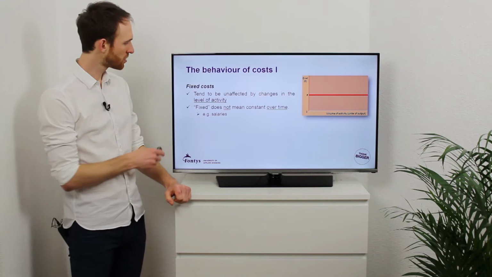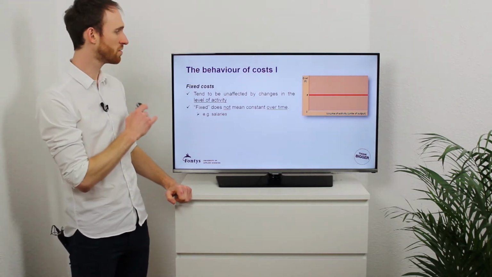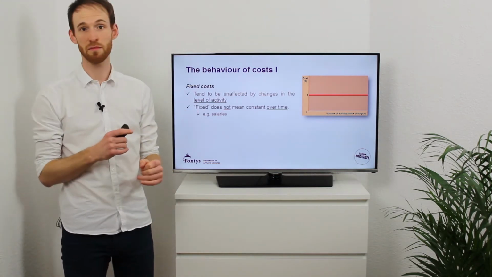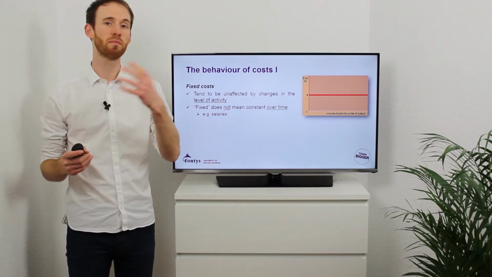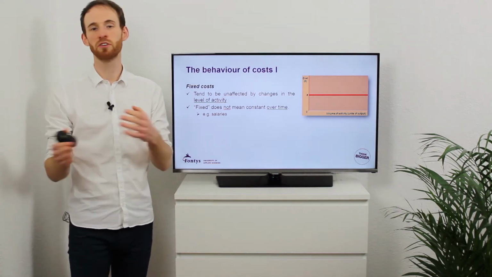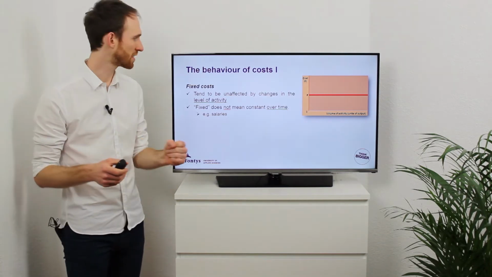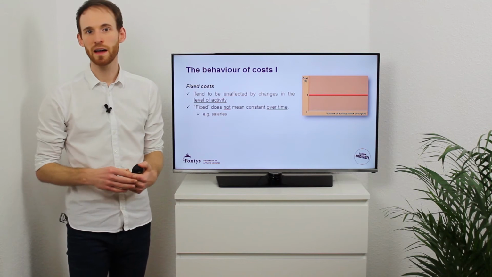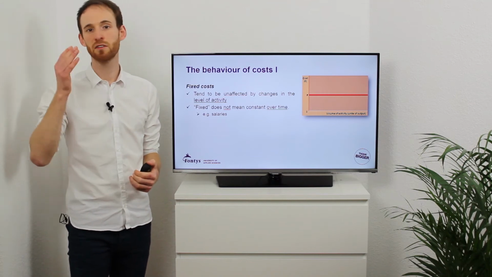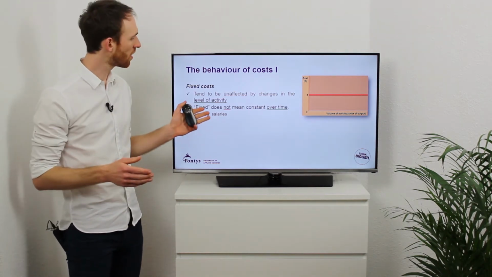line. Fixed does not mean that it's constant over time, because salaries, for example, could increase. You could get a promotion, and then from one year to the next you have 2% more salary, for example. But also salary, let's say you have a 40-hour week, is a fixed cost component.